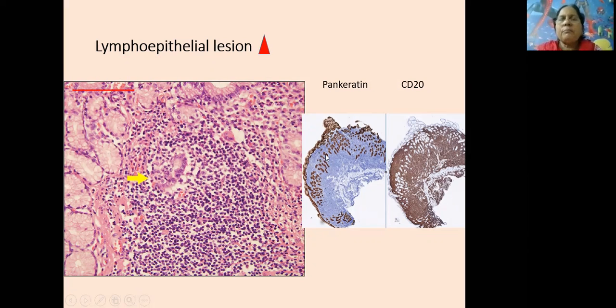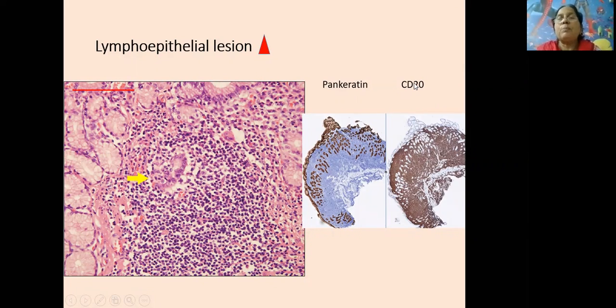So when we do the pan-keratin, all the epithelium will be stained by immunohistochemistry. So these are the stained areas with pan-keratin. So what are the unstained areas? All are lymphoid, malignant lymphoid cells. So see here, this is CD20. That is expressed by B lymphocyte.